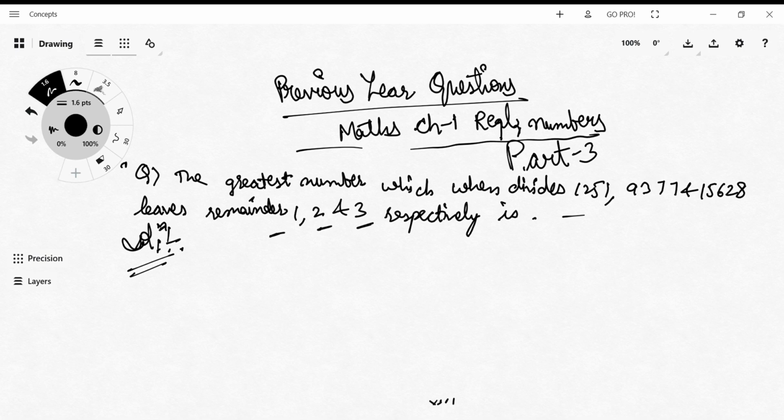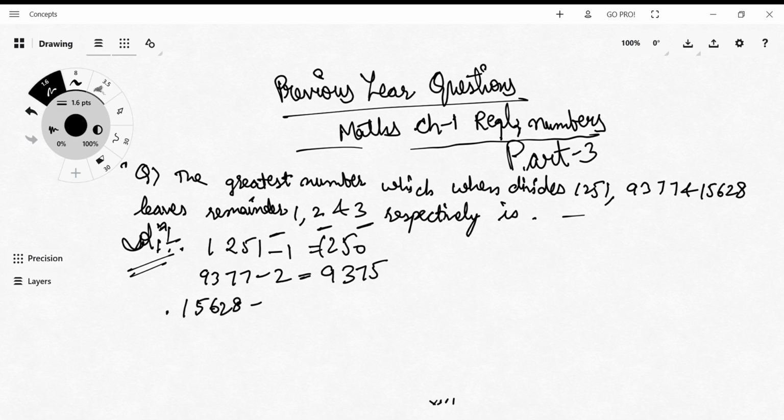So 1251 minus 1 is 1250. Again, 9377 minus 2 gives 9375. Next, 15628 minus 3 gives 15625.